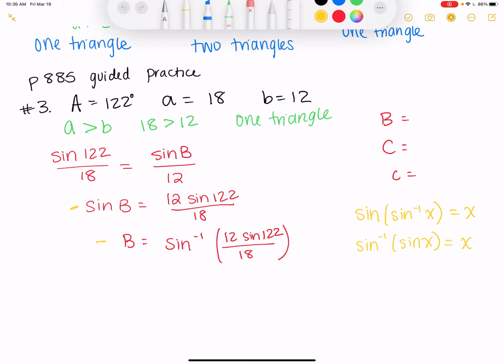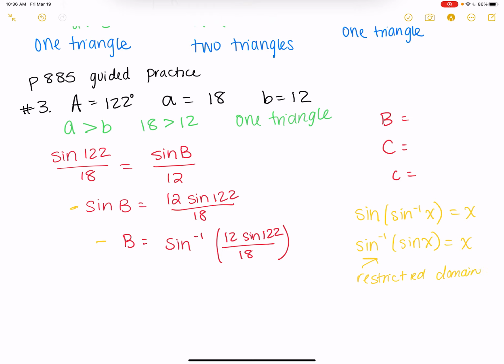Basically the regular and the inverse just cancel each other. It's true for cosine and tangent as well. This one has a restricted domain just because it's inverse, so it only occurs on part of it, but you don't have to know this. This is just explaining how we got from sine of B to B, in case you wanted to understand that what I did to one side, I did to the other.